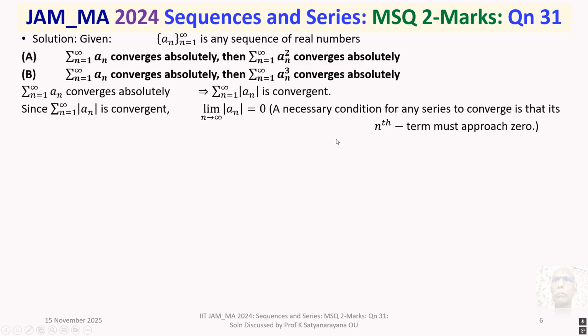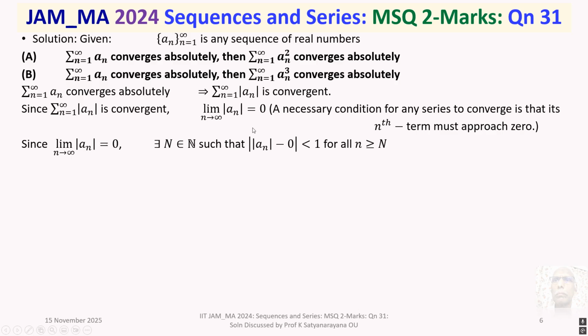Right. So, since limit n tends to infinity mod an is 0, there exists a natural number capital N such that mod an minus 0 is less than 1 for all n greater than or equal to capital N. We have taken epsilon is equal to 1.